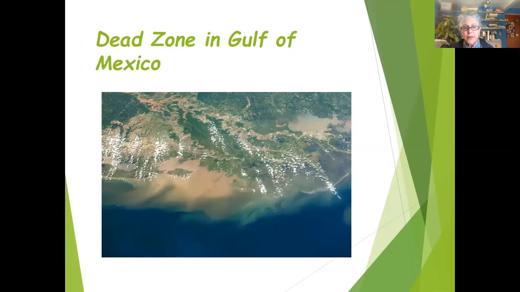This example is in the Gulf of Mexico, where the Mississippi River Delta enters the Gulf of Mexico, and we can see in this satellite photograph the brown area just off the coastline, covering really quite a large area, where sediment that has been carried down in the river has settled into the Gulf, smothering out the life of the ocean in this area.